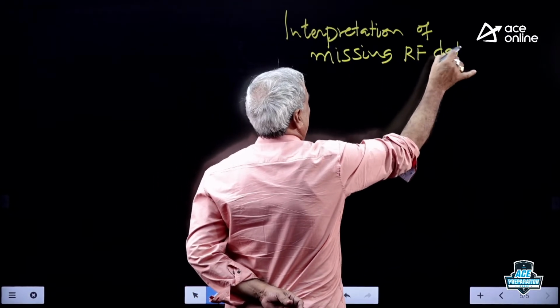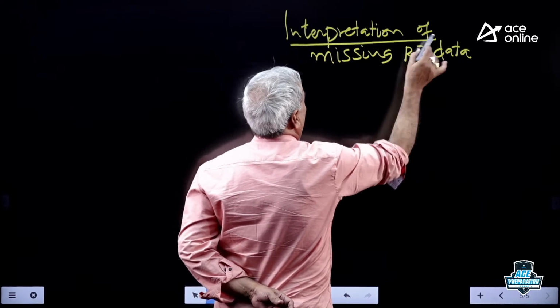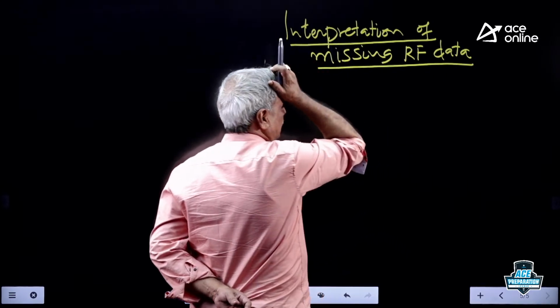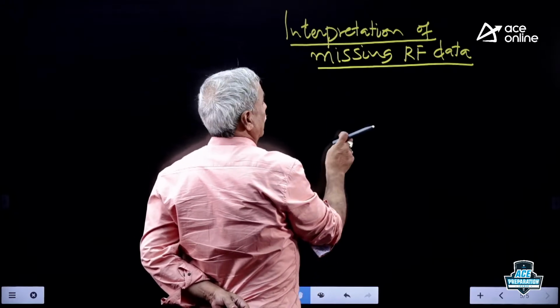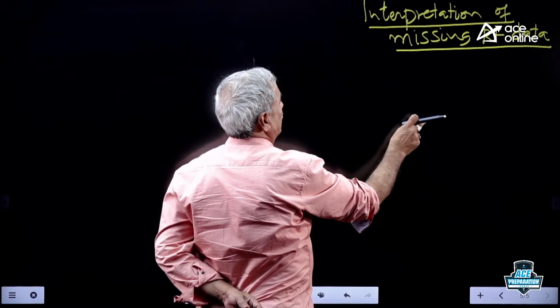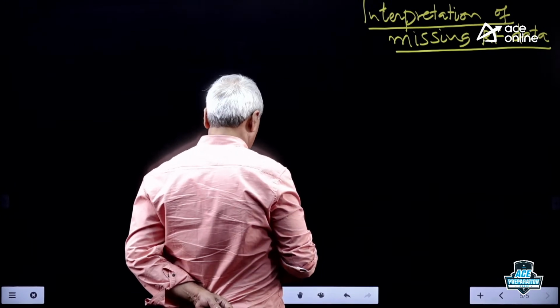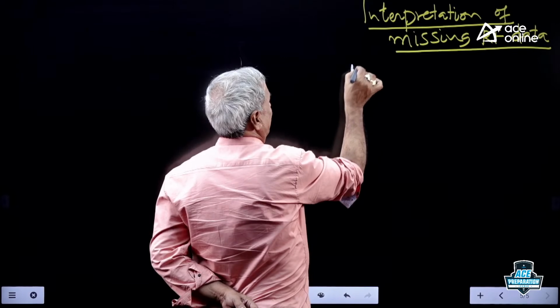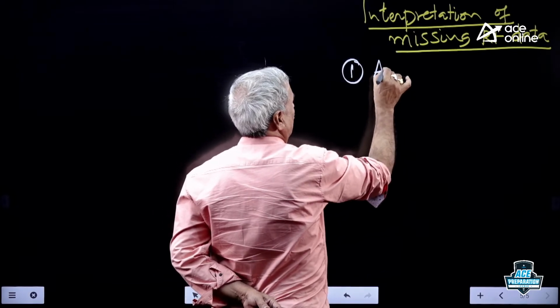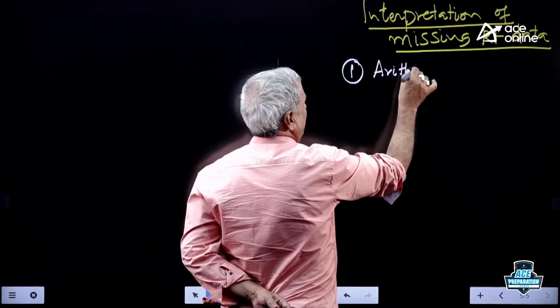All the three methods are important. Let us have a brief look at these three methods. Interpretation of the missing rainfall data. Three methods are available. Arithmetic mean method.